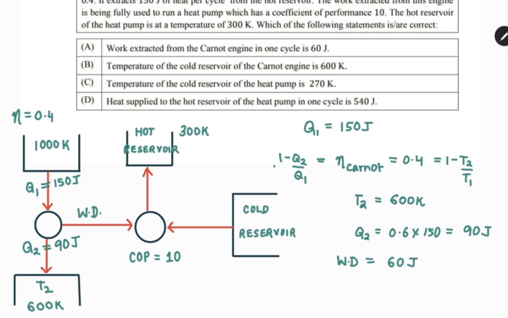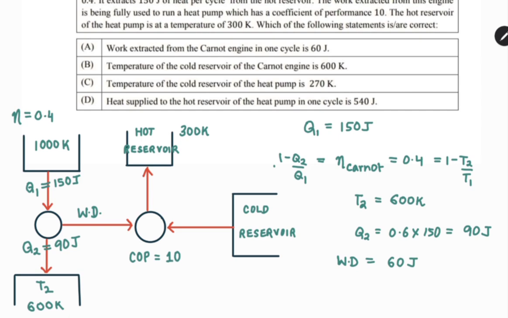A heat pump is going to extract heat energy from the cold reservoir, mix it with work done, and then dump it to the hot reservoir, which is at 300 Kelvin temperature, having a coefficient of performance of 10. So this is the useful part, and the work done is there.